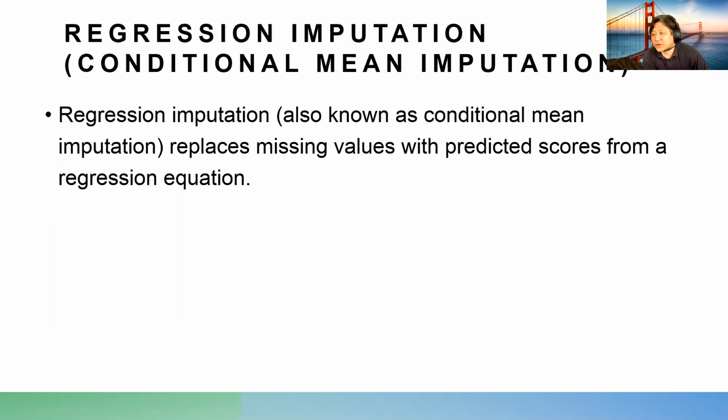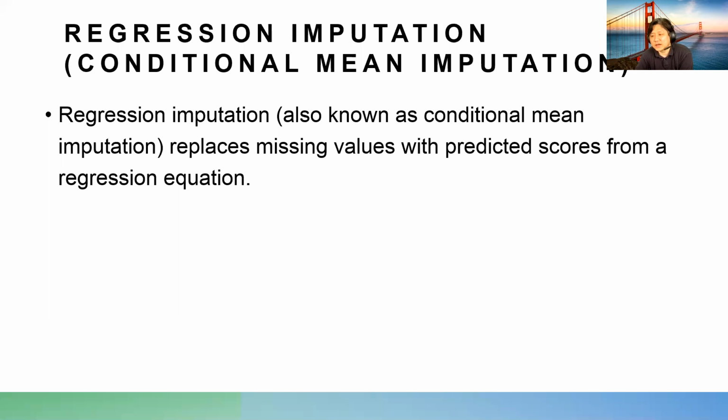The first step of the imputation process is to estimate a set of regression equations that predict incomplete variables from the complete variables. Using the complete variables, we derive some regression line.